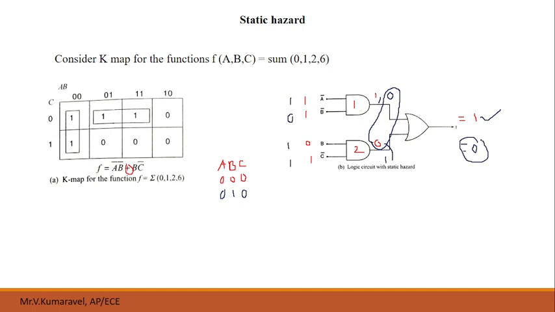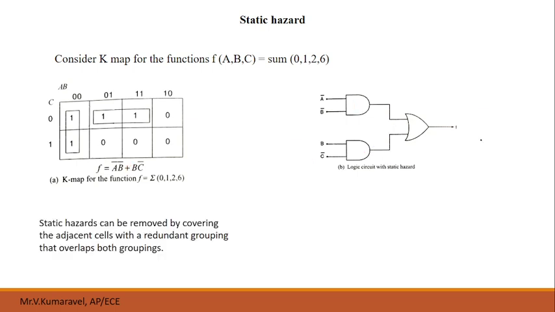Now we will see how to eliminate this static hazard. Static hazard can be eliminated by overlapping the grouping. We have group 1 and group 2. These groups can be overlapped. How can we overlap them? We can combine these two.